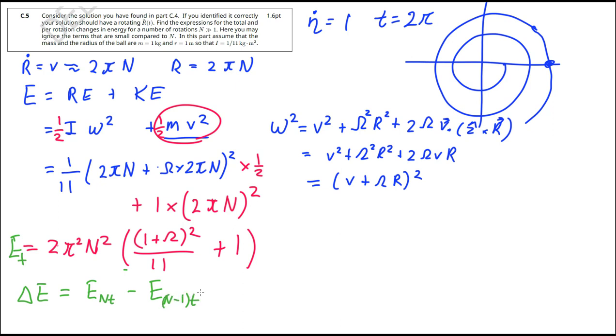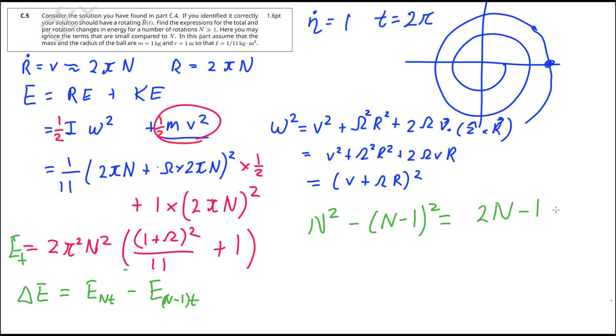Essentially this comes down to subtracting a quadratic. So we have capital N squared, and we want to subtract off n minus 1 squared from that. Our n squared terms are going to cancel out, and that means we're just going to get plus 2n and minus 1.